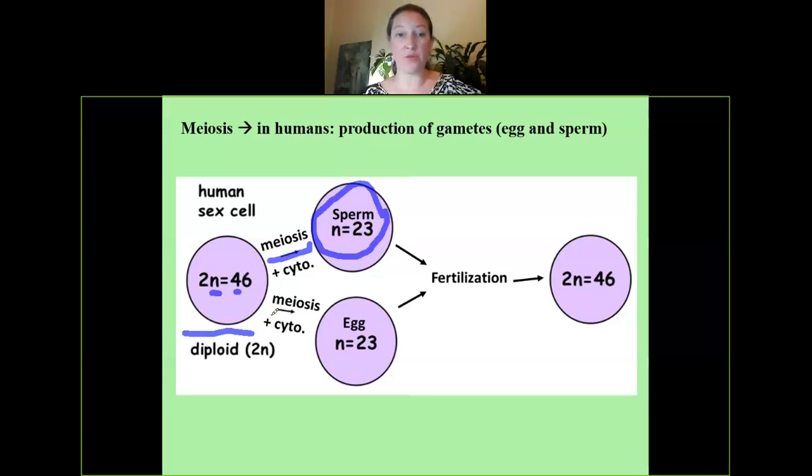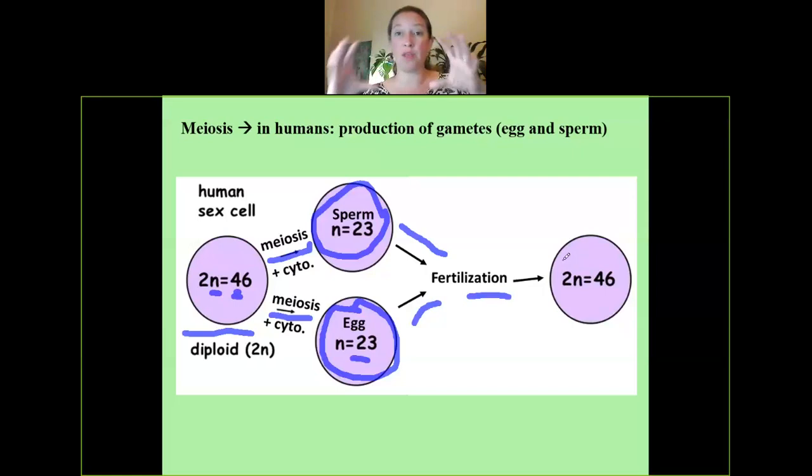In this other individual, meiosis occurred, and the result is egg cells. Those egg cells also have half the original number of the individual human they came from. When egg and sperm unite via fertilization, the zygote that results will be another diploid individual.